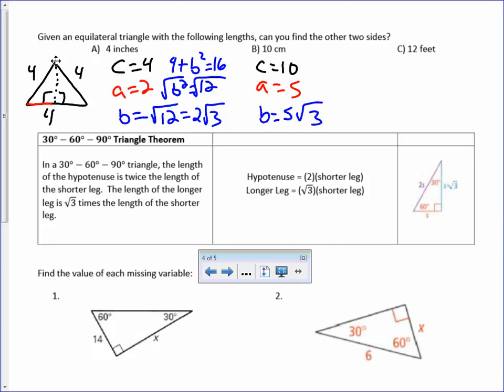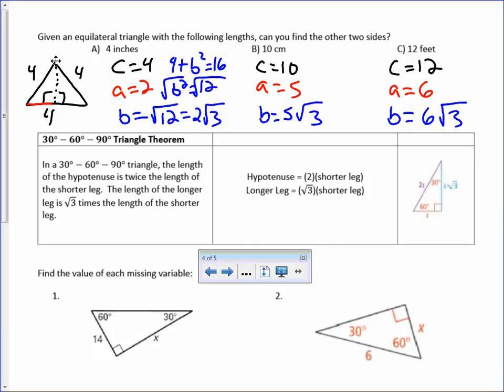Same thing for c. Hypotenuse is 12. The short leg is going to be half of that. And then the long leg, or b, is going to be short leg times root 3.